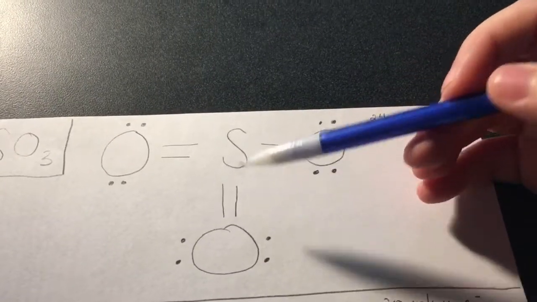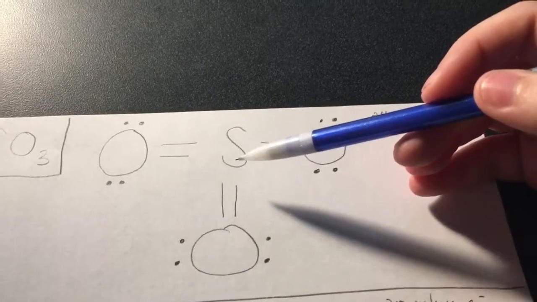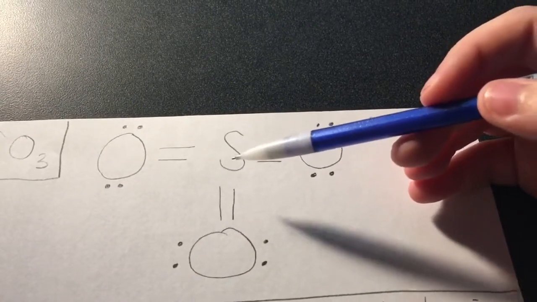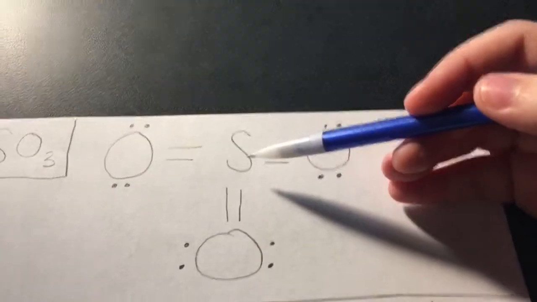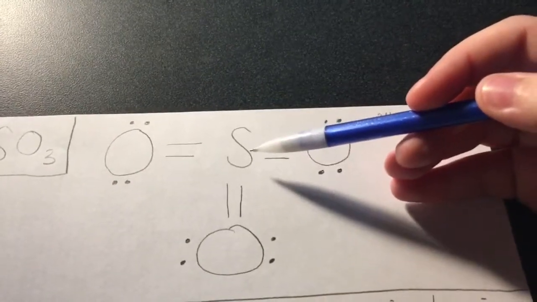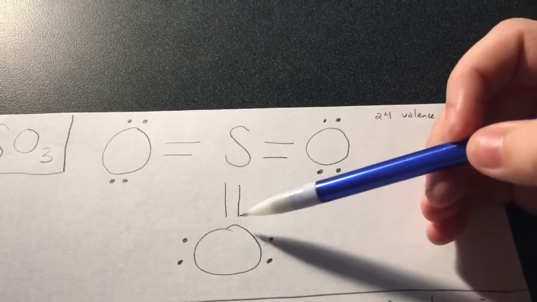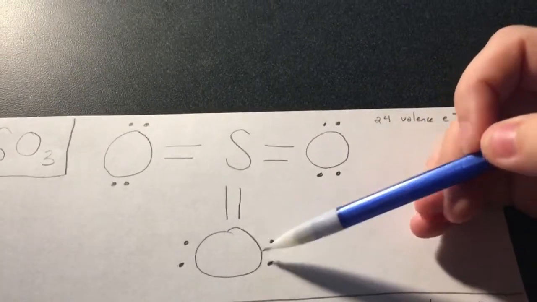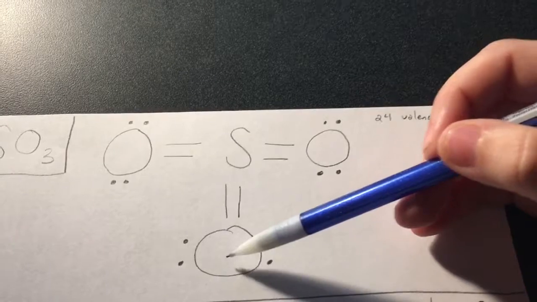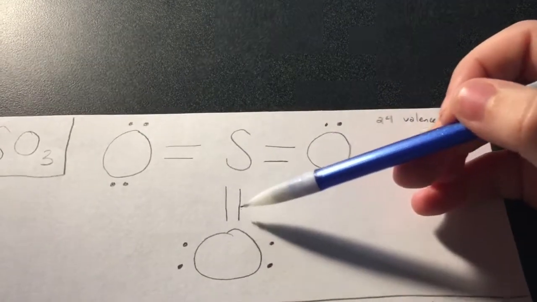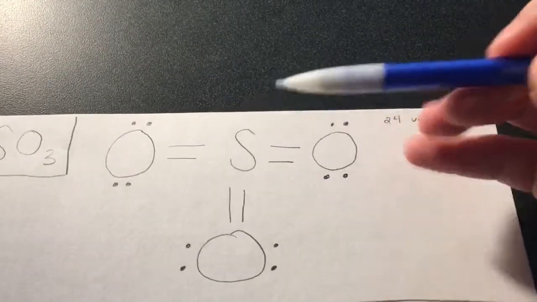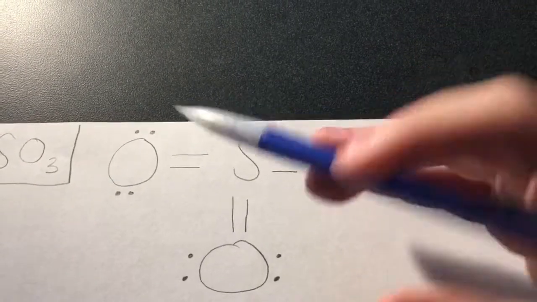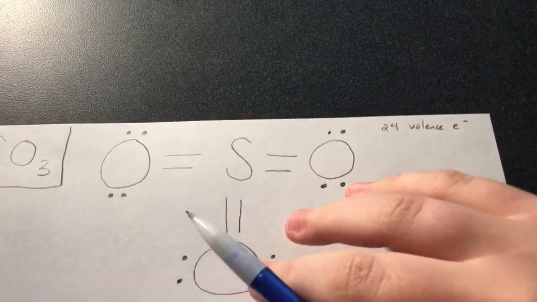Knowing that sulfur can have more than an octet because it is in the third row of the periodic table, I knew it could have 12, so I moved a pair of electrons off of each outside oxygen and made it into a bond connecting it to the sulfur. So this is the total Lewis structure.